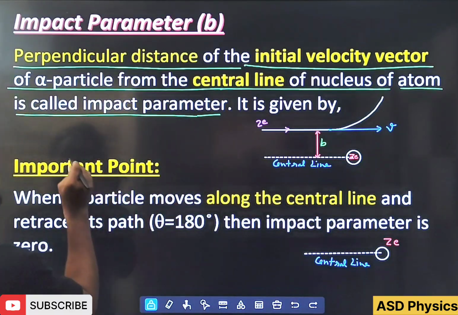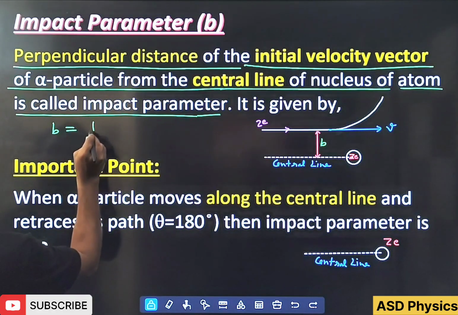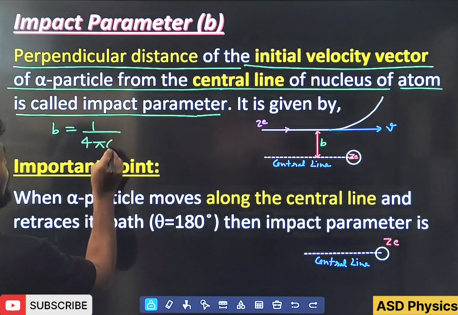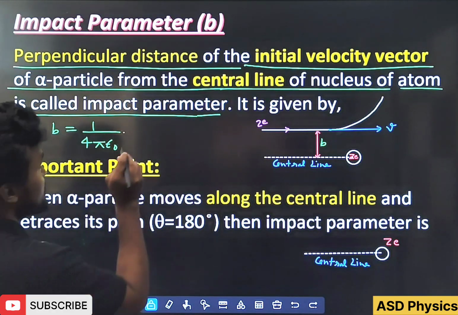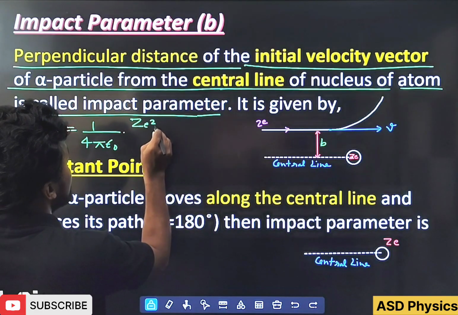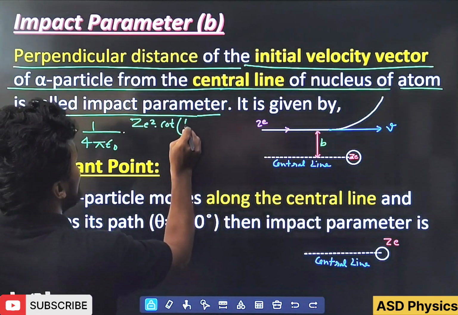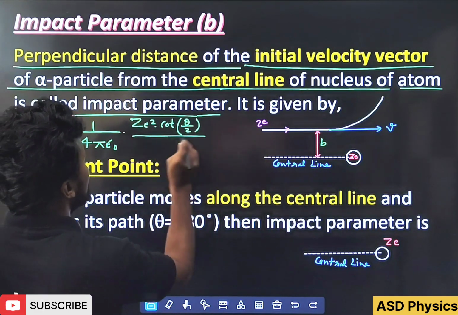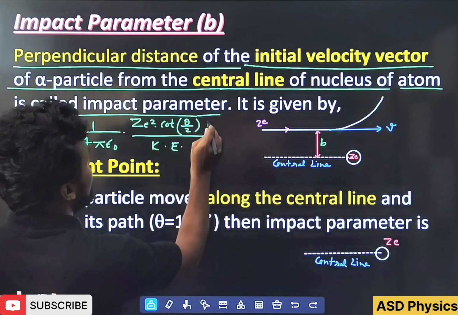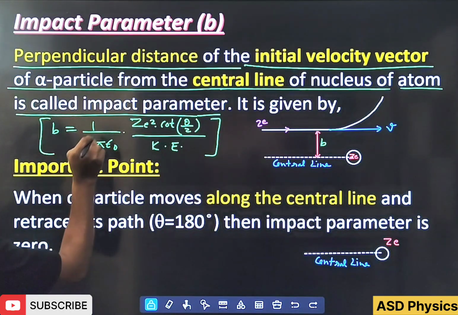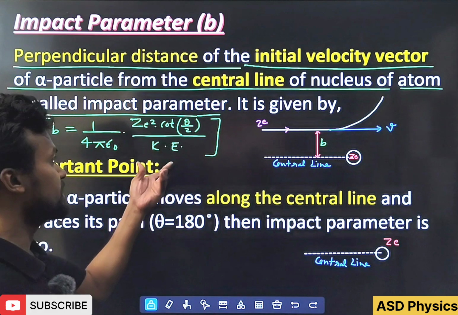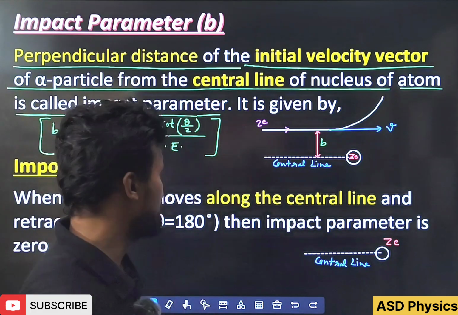It is given by, remember the formula, b equal to 1 by 4 pi epsilon naught, Ze square into cot theta by 2 by kinetic energy. This is an empirical formula.